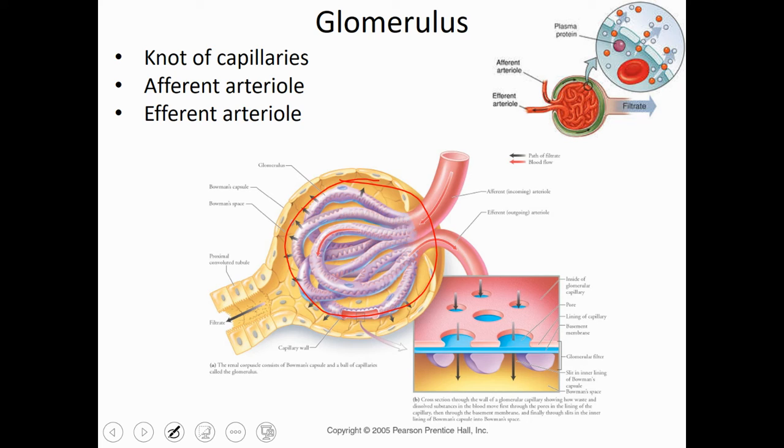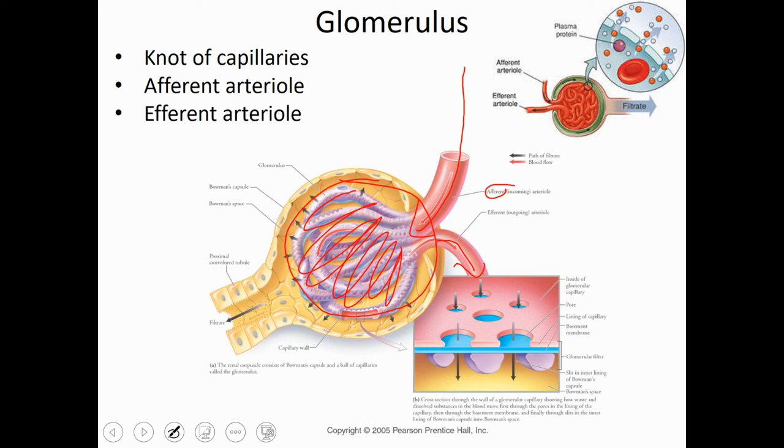So that's going to be where we see our filtering happening of the blood. So blood's going to come in through the afferent. It's going to get filtered throughout all this area right in here, which means it's going to pull almost everything out of the blood other than a few things, which I'll talk about on the next slide. And then it's going to leave the glomerulus through what we call the efferent arteriole.